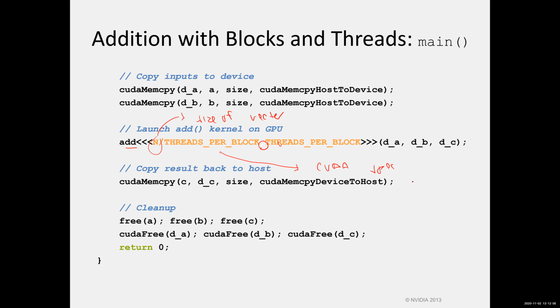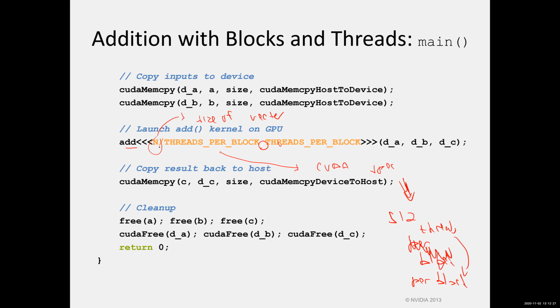Typically it's 512 threads per block. My apologies, I got slightly misled there.